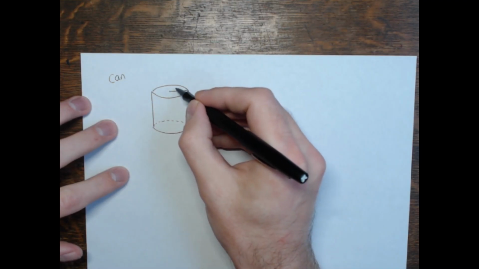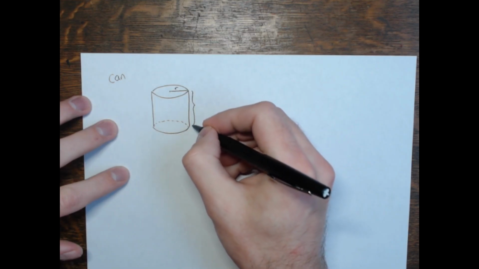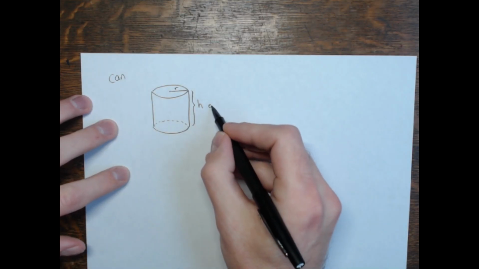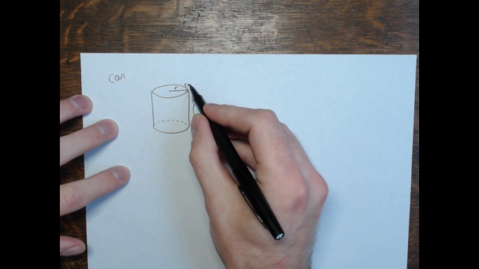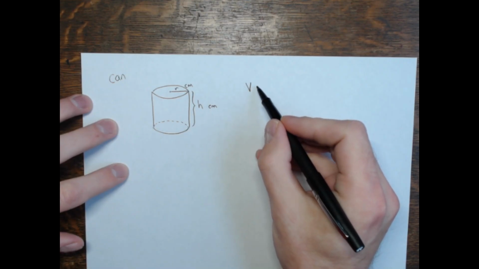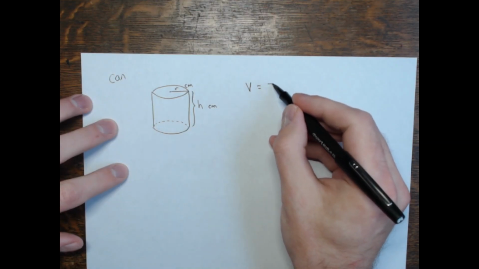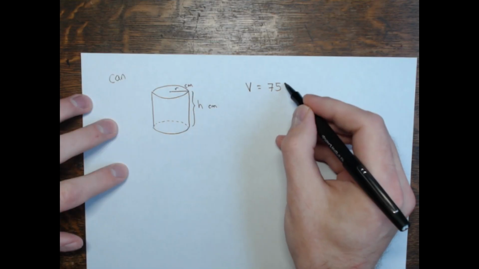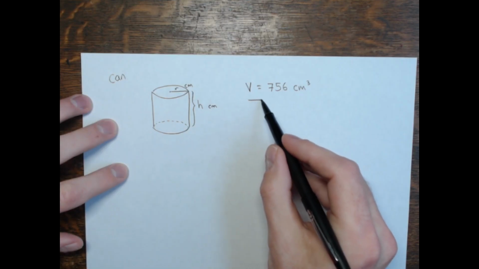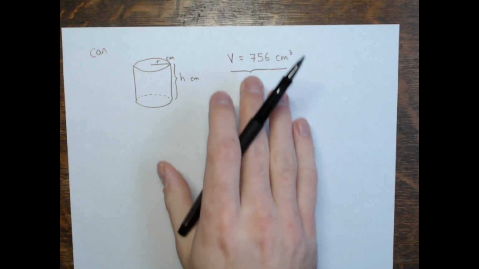So from the center to the edge of r centimeters, and a height from top face to bottom face of h centimeters. And we're told that the volume of this can, so again, I'm going to use volume V, has to be 756 cubic centimeters.